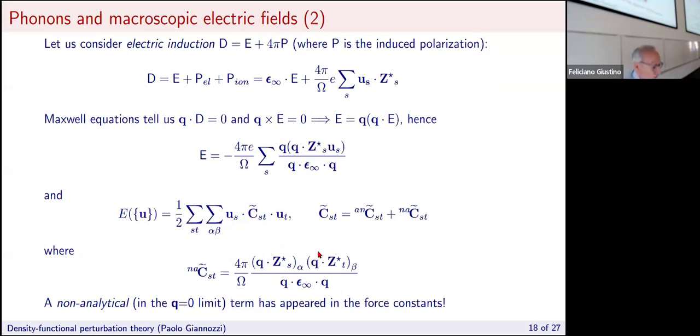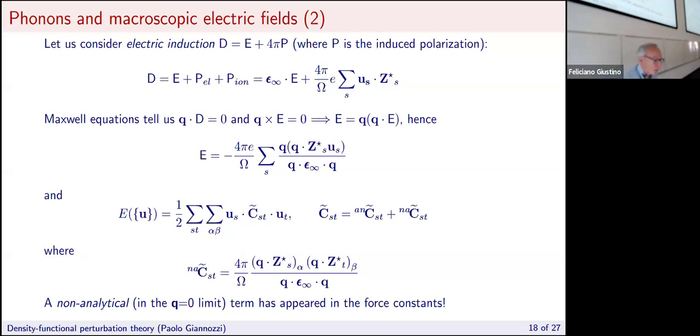So this additional term is non-analytic, which means that it depends upon the way we go to zero wave vector, whether we go with phonon displacement in the direction of the wave vector or orthogonal.